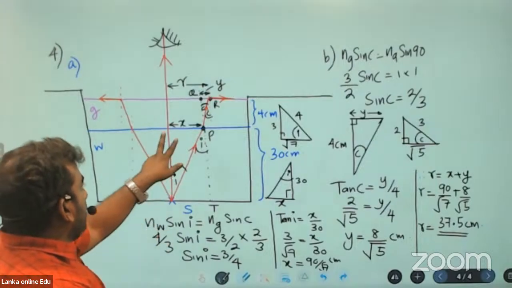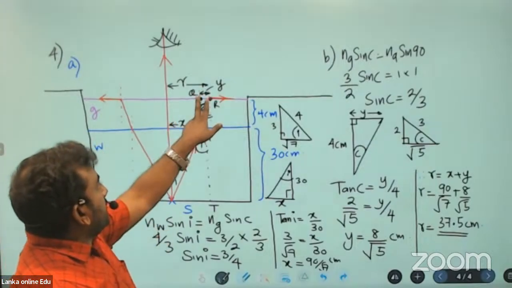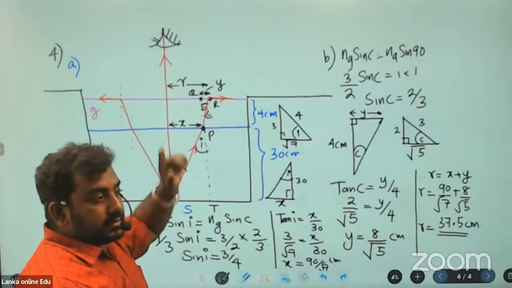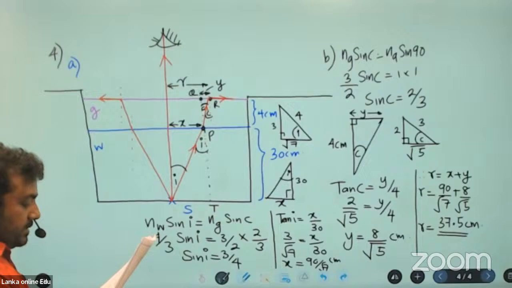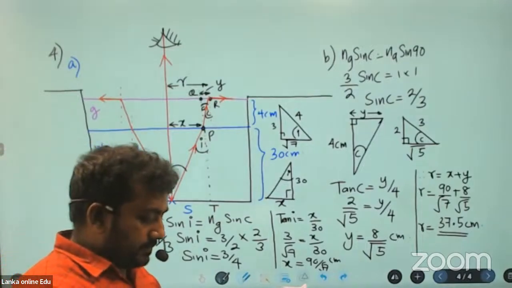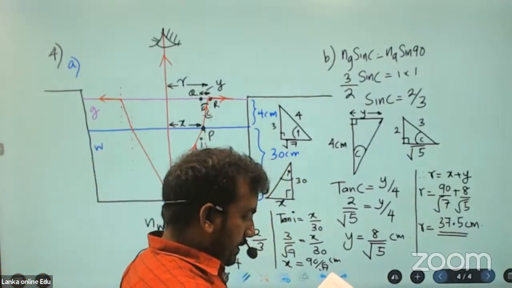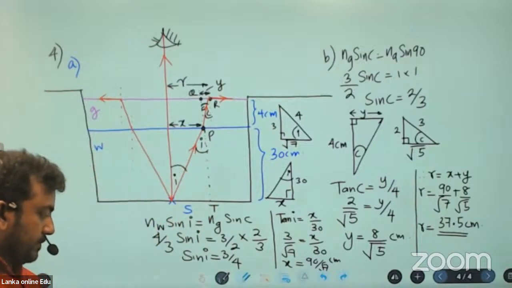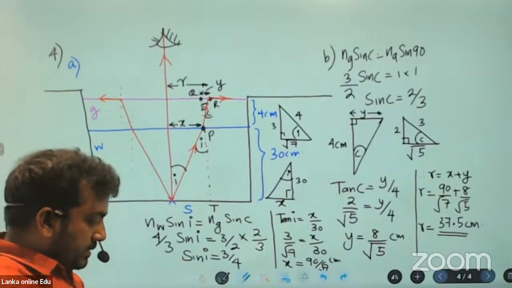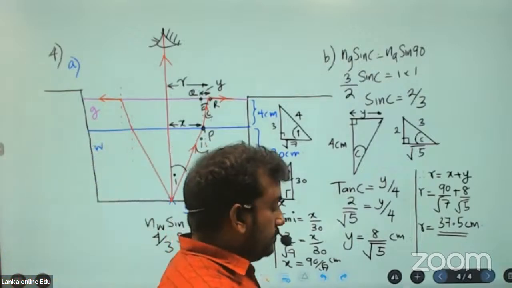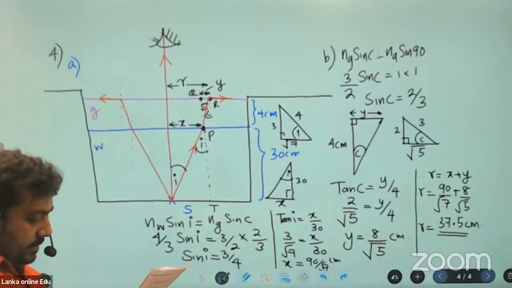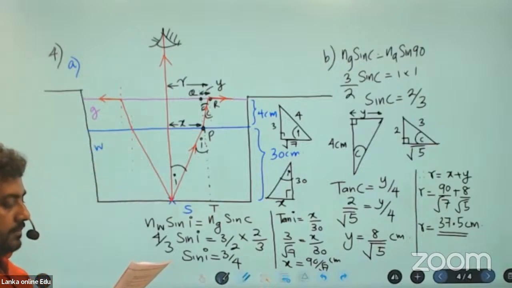So we have separately found X. We have separately found Y. X plus Y is equal to what? The radius. X plus Y is equal to the radius. Okay. X plus Y equals radius. Right. Okay.